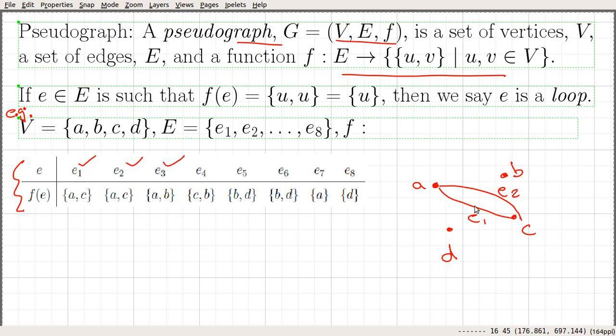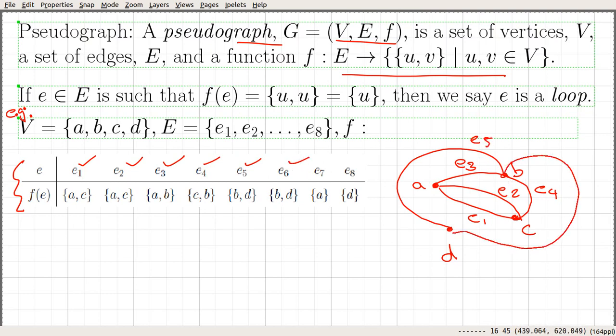f of E3 is AB, so this is E3. f of E4 is CB, this is E4. f of E5 is BD. f of E6 is also BD. Okay, f of E7.